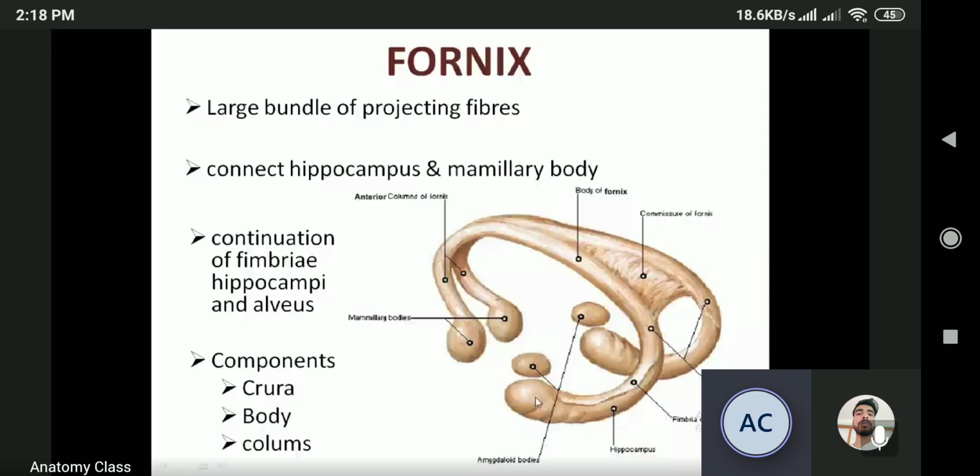These two crura converge anteriorly and meet each other to form the body of the fornix, and further it divides into two columns, anterior columns, to terminate into the mammillary body of the hypothalamus. The two crura are also interconnected with the help of the commissure of fornix, fibers that connect the two sides of the fornix. So these are different parts of the fornix.